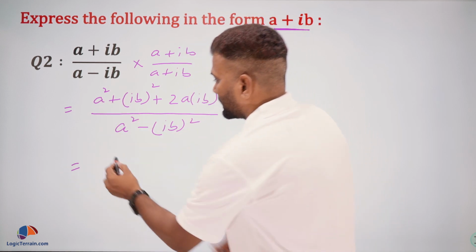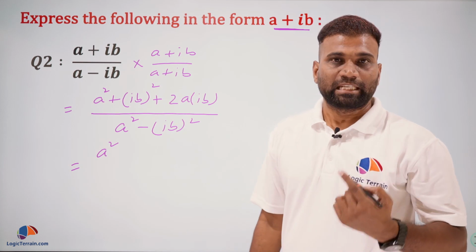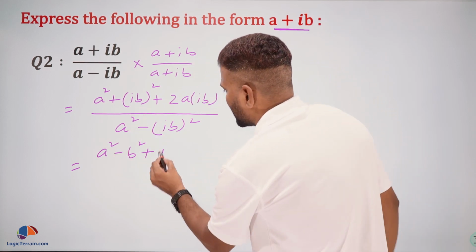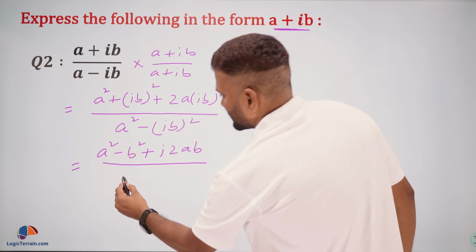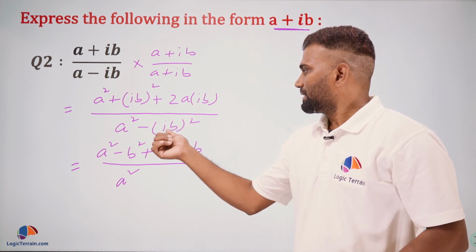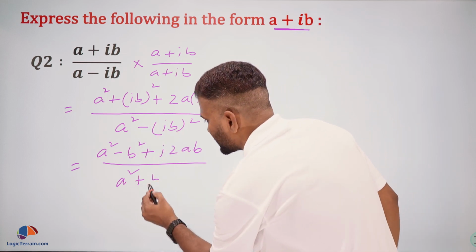So further a square, here b square i square is negative 1 into b square, negative b square, plus i of 2ab. The denominator is a square, and here b square i square is negative 1, negative into negative positive b square.